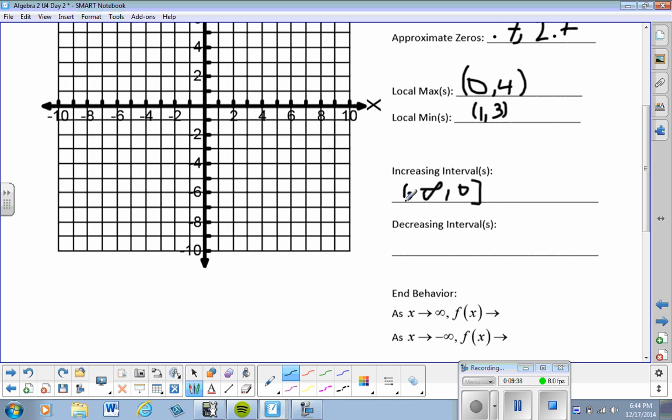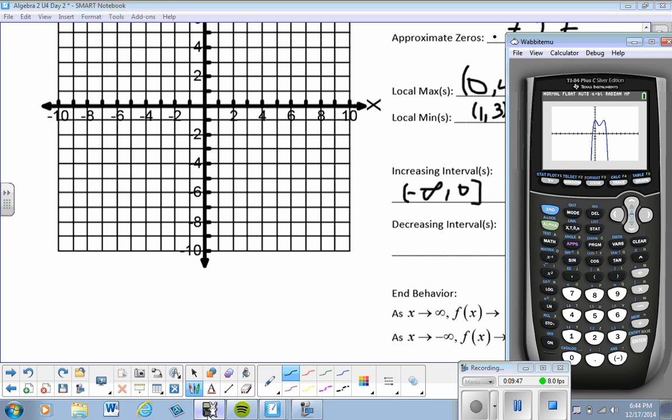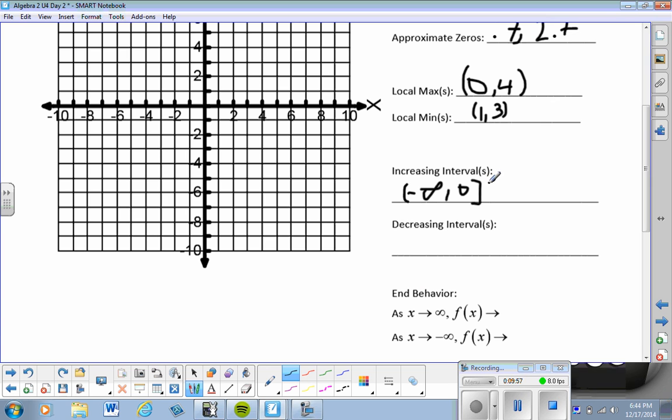Zero included, so there's a bracket, and it also looks like it's increasing from about 1 to 2.2. So I'll put this union here. 1, 2.2.